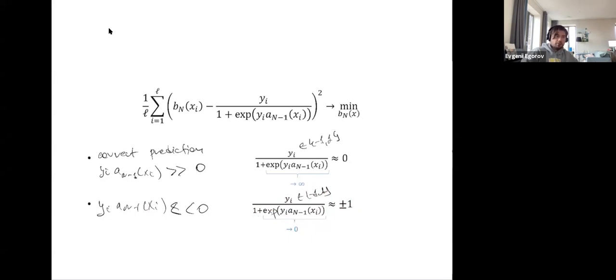This is a good property, because when we fit a new algorithm to our residuals for a classification problem with log loss, what does it mean? If we're already making a confident correct prediction, the new algorithm on this object should output 0, so as not to modify previous answers.